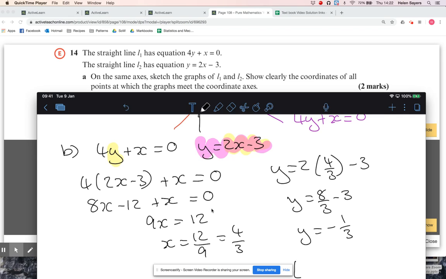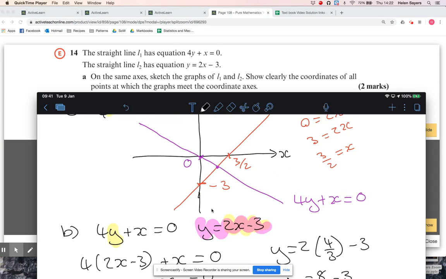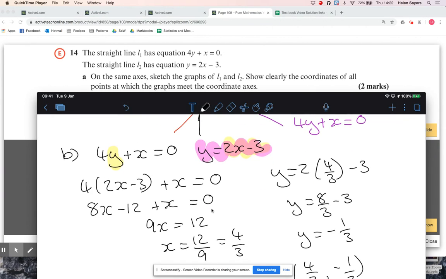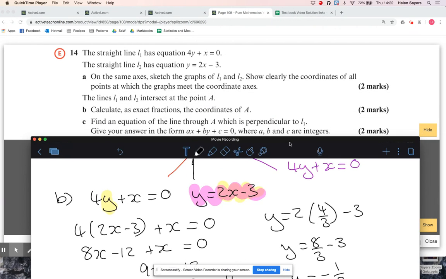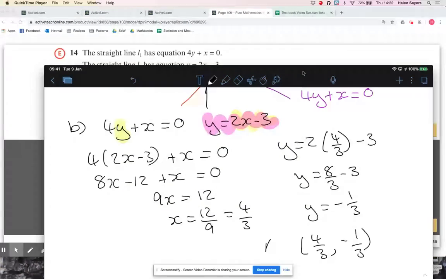So my coordinates would be 4/3, minus 1/3. And as far as I can judge from my sketch, that seems okay. Obviously, this isn't drawn particularly to scale, but x should be positive and y should be negative. We were calling that A, so I think it should be obvious that's my answer, but let's just clarify that that's A.